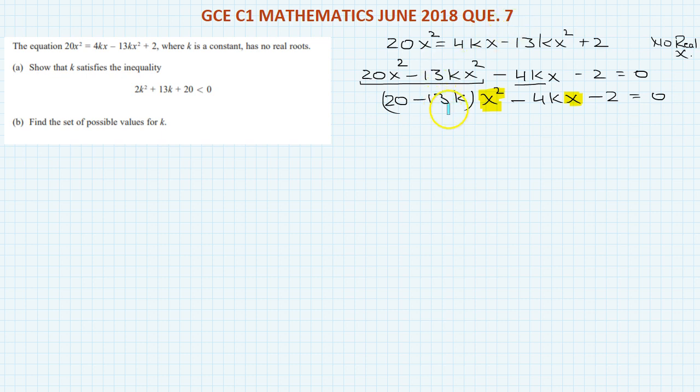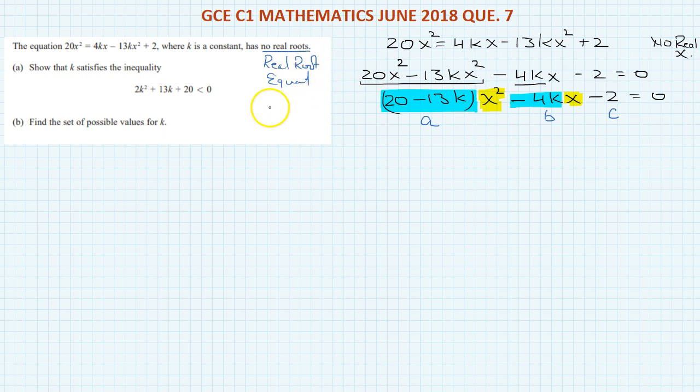Now this is the coefficient of x square, and this is the coefficient of x. This is called A, this is called B, and this is called C. You will find the question asks for no real roots, real roots, or equal roots.